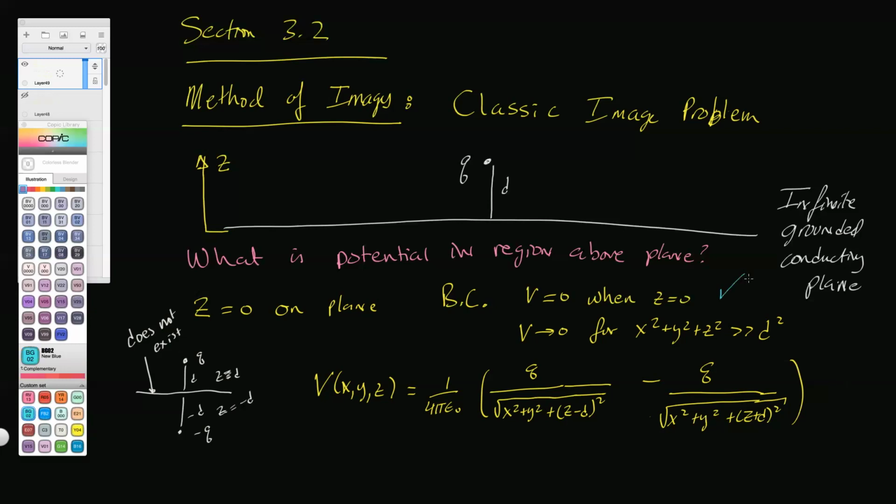The next one we just got to think a little bit about, right? When x squared plus y squared plus z squared is a lot greater than d squared, what do we get? It still goes to 0. Therefore, that's the solution, but only for z greater than 0, right? Yeah, because we didn't say anything about less. So this is it. That's the answer.